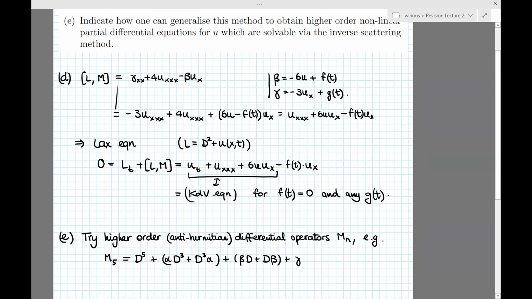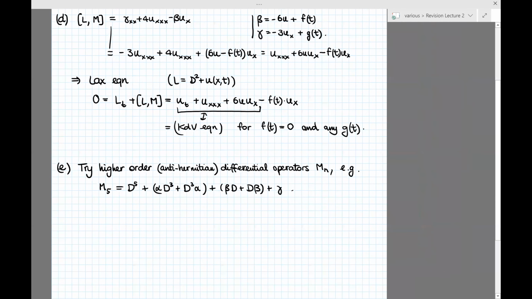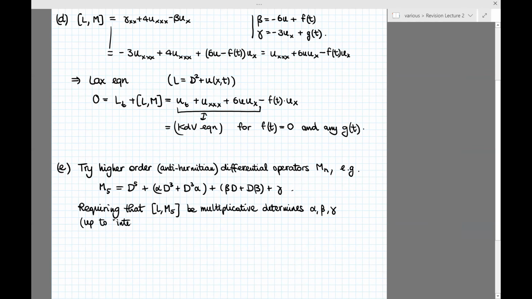If you don't remember that they can be taken to be anti-Hermitian, that would be fine. And then requiring that the commutator of L and M5 is multiplicative determines the unknown functions alpha, beta, and gamma, possibly up to integration constants, which are actually functions of t.